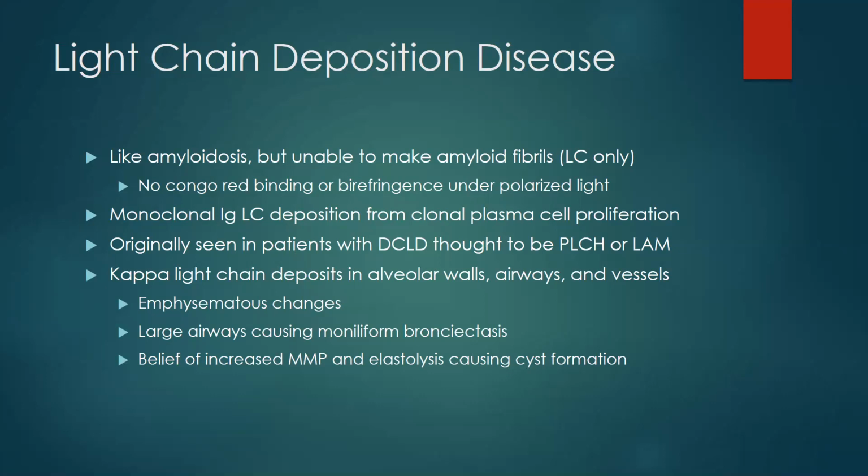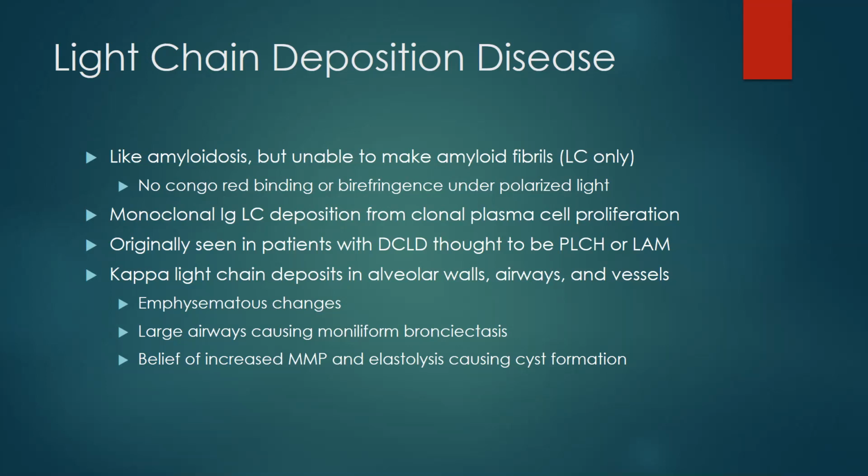Unlike amyloidosis, they're unable to make amyloid fibrils due to their biochemical nature, and unable to form the beta pleated sheet configuration, therefore they are not seen with Congo red staining. Also, there's no apple green birefringence with polarized light.